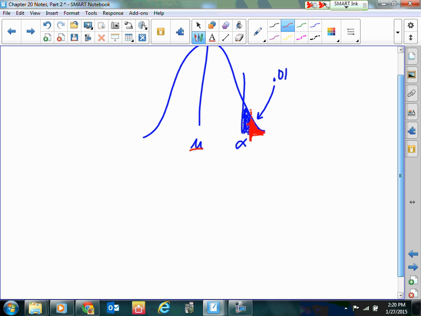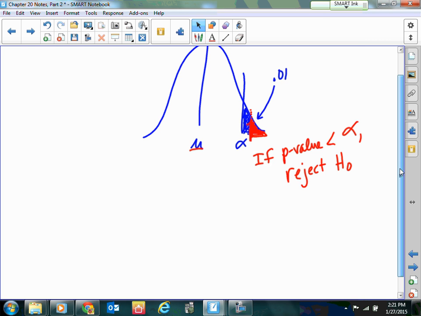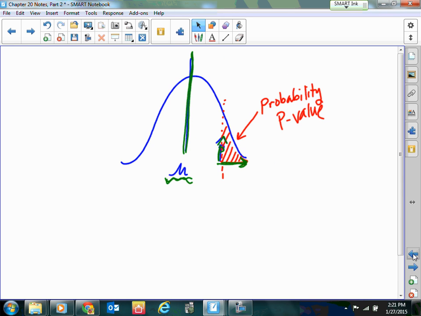Less. Good. So if your p-value is less than alpha, then you will reject the null hypothesis. If your p-value is lower than your alpha, you have evidence to reject the null hypothesis. So let's figure that out in our problem.